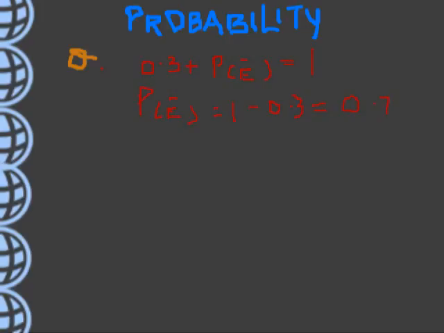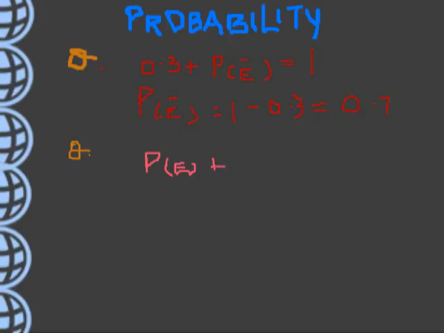Now our next question is: if the probability of occurrence of an event is P, then the probability of non-happening of this event is? Over here the probability of occurrence is given to be P(E).